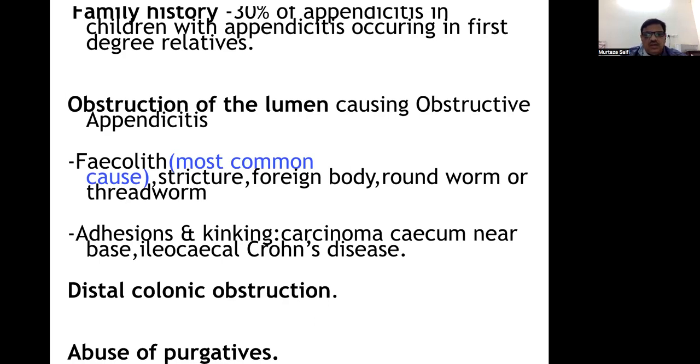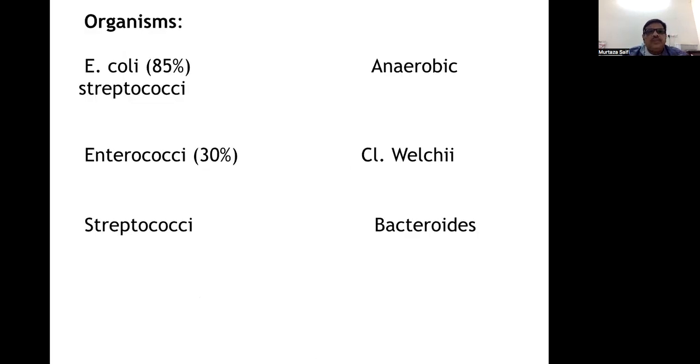Adhesions and kinking can also cause appendicitis. Carcinoma cecum near base, ileocecal Crohn's disease may also cause appendicitis. Distal colonic obstruction can also cause acute appendicitis. Abuse of purgative also may cause appendicitis.